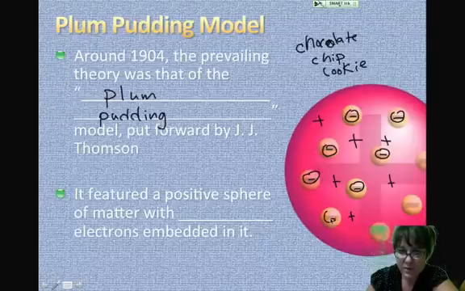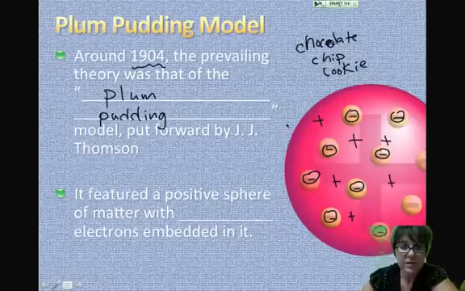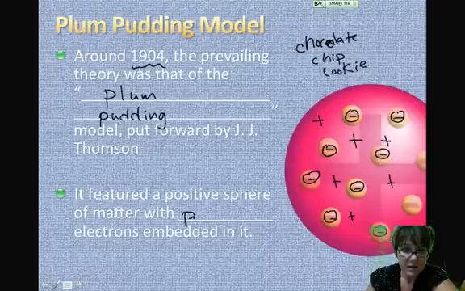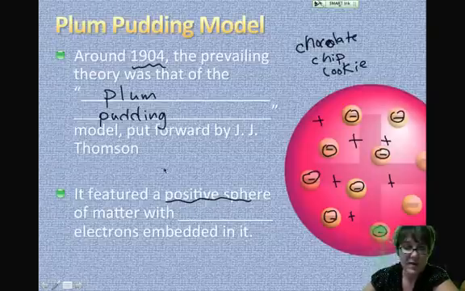We're going to learn some more details about where electrons are later, but at least at this time, in 1904, it was the best description that could explain the observations they found. So it featured a positive sphere of matter with negative electrons embedded in it.